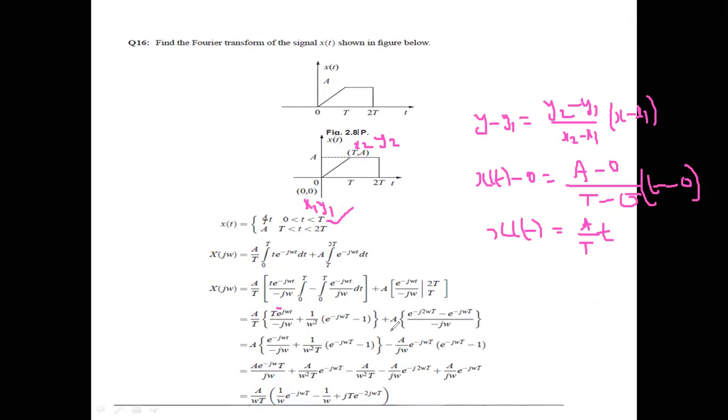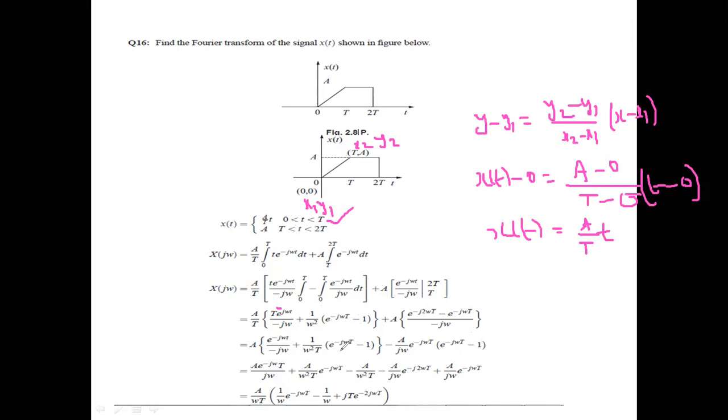Okay, there is a missing term. e power minus j omega t by minus j omega, and this factor is multiplied with the t, 1 by omega squared into t, e power minus j omega t minus 1, and A by minus j omega, e power minus j omega t, take it as a common factor, and here one e power j omega t is outside, another one e power minus j omega t minus 1.